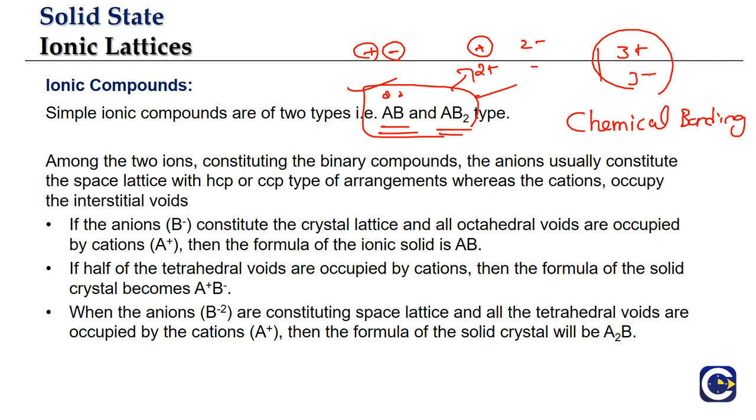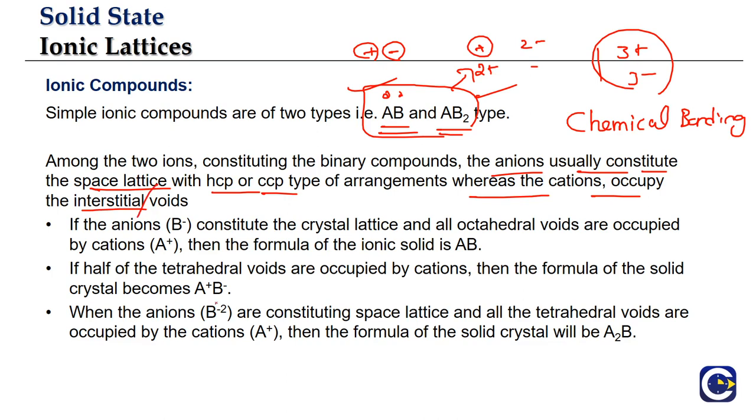Now if you look at any ionic compound as such, the way we will visualize them is, since the bigger ions will be the anions comparatively in most of the cases, the anions will usually be forming the space lattice, whether it is the HCP or CCP type. So they will form the space lattice, and cations are going to occupy the interstitial sites or the voids.